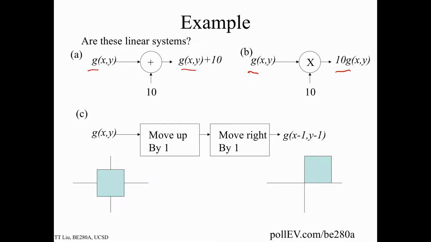And finally, in the third example, the input is G and the output is G(x minus 1, y minus 1), a shifted version of the input where we've moved the input up by 1 and to the right by 1. Go ahead and take a few seconds to think about these and in your own mind, think about whether these are linear systems or not.